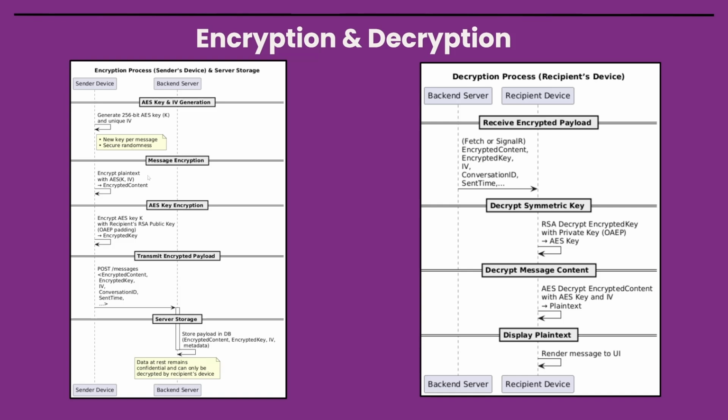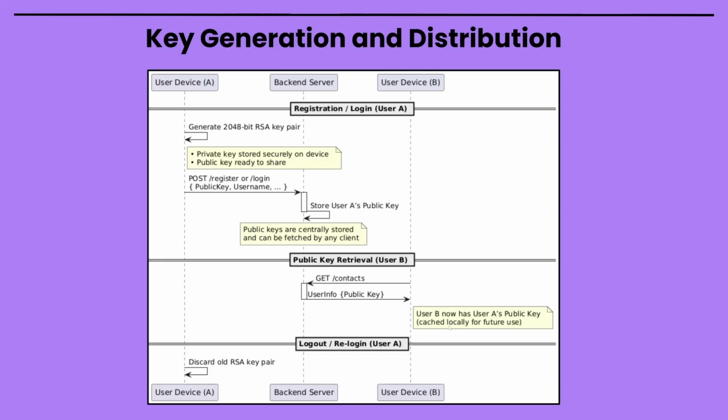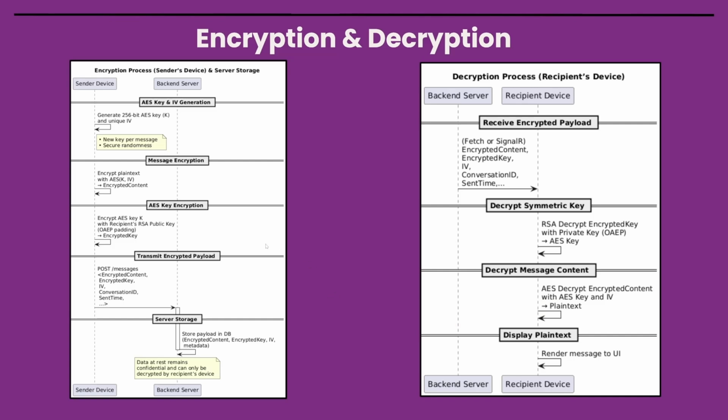After that we encrypt the plain text message with the AES key and the IV, and we get the encrypted content, which was the plain text initially but is now encrypted with AES. Then we take K, the AES key, and encrypt it with the public key of the recipient, which we initially got by fetching from the backend.